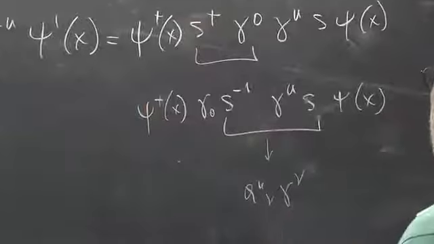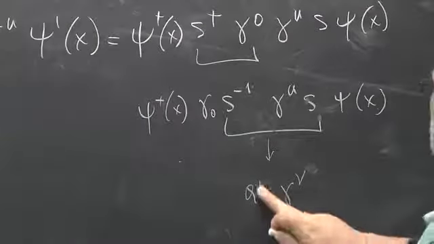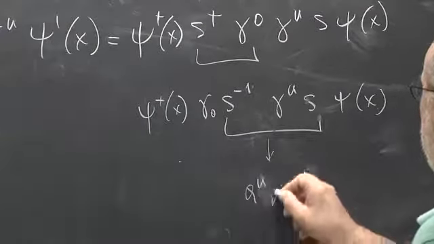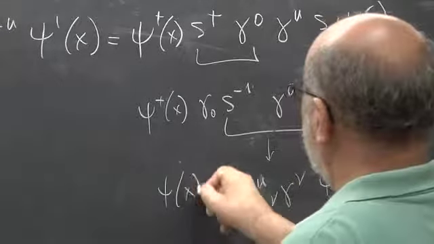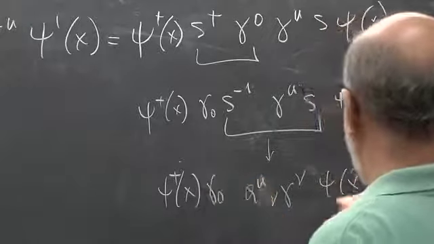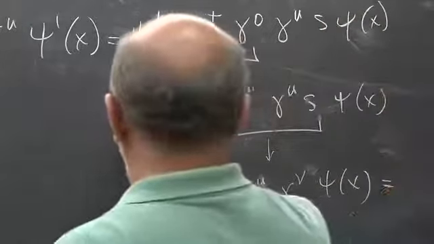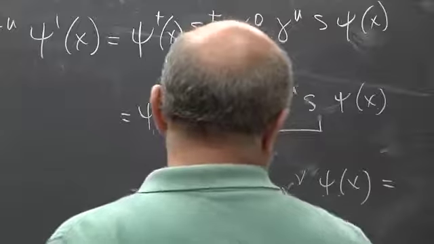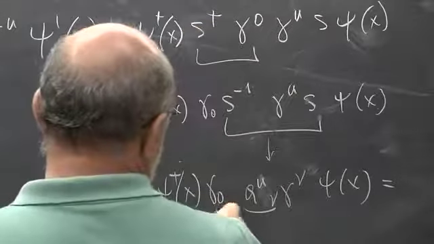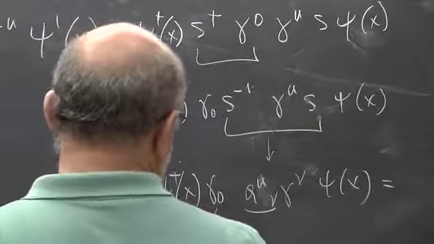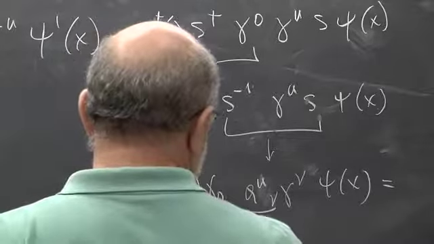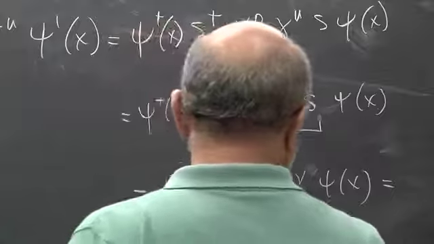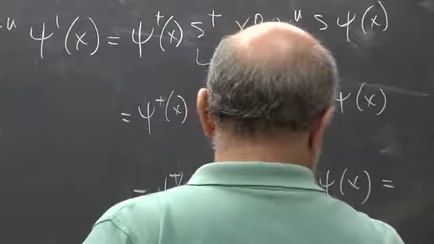Okay, and I get this quantity. Then I have psi of x dagger gamma 0. But now these are numbers, I can bring them out. So I have A mu nu. This object is nothing else than psi dagger S, here I have gamma nu psi of x.